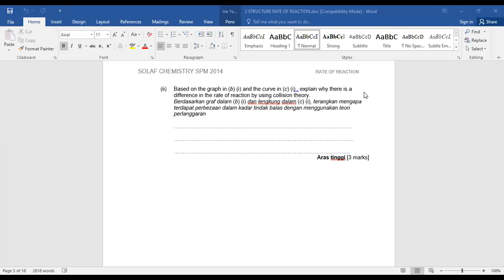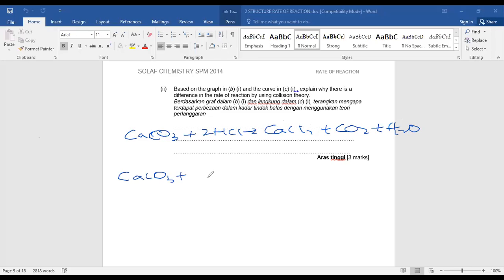Then we talk about the collision between what and what. Again, we have to identify the particles which collide. Now, from our chemical equation, we have CaCO3 reacting with hydrochloric acid to give these substances. Now, to write the ionic equation, calcium carbonate is a solid, so we write that.